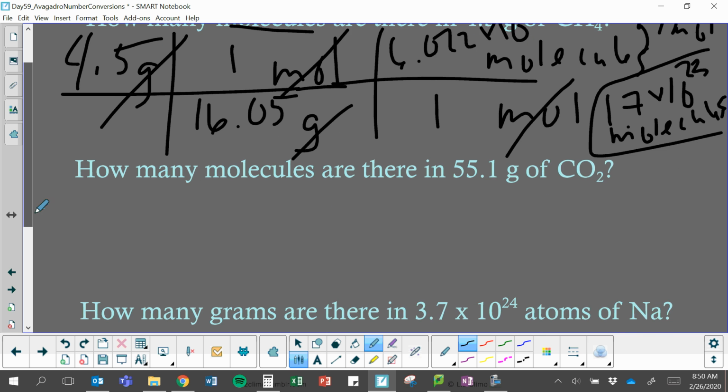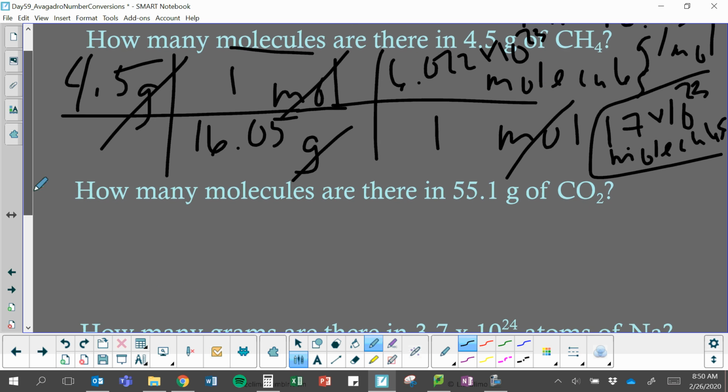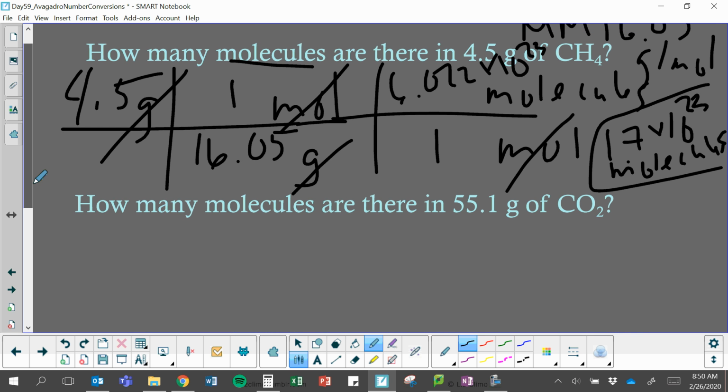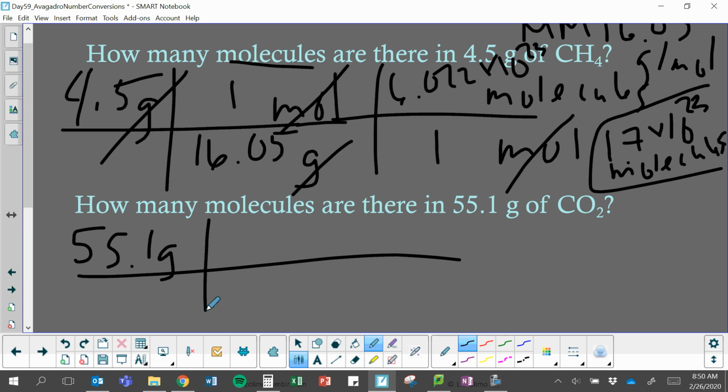Okay, if you'd like to try one more, I have a couple more. So this one we're going to do 55.1 grams of CO2. We need our molar mass of CO2.